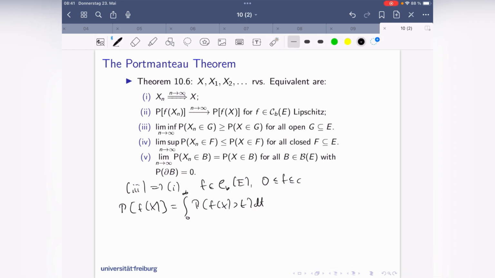And since I can assume that I know 3, I know something about open sets. So this here is less or equal integral 0 to infinity lim inf pi of f of xn bigger than t dt. And I have the lemma of Fatou, which tells me I can take the integral after the lim inf and only make it bigger.